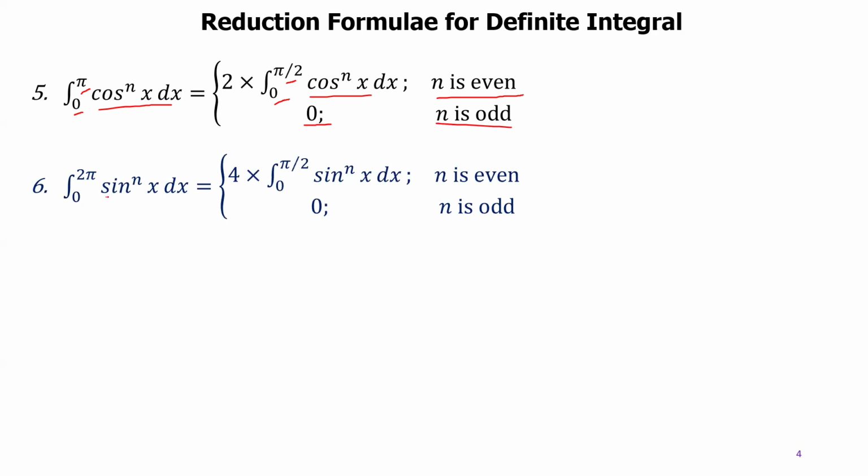Integration of sine to the power n x dx under the limit 0 to 2 pi is equal to 4 times the integration of sine to the power n x dx under the limit 0 to pi by 2 if n is even, otherwise its value is 0 if n is odd.